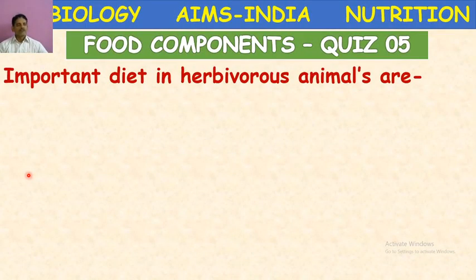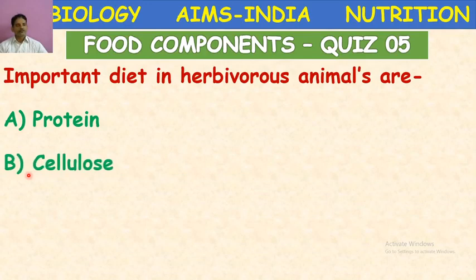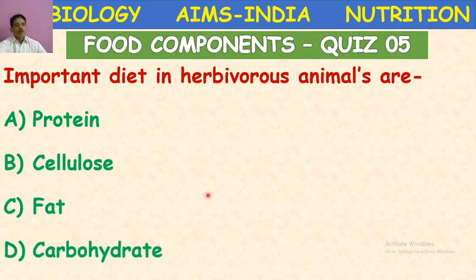Next question. The important diet in herbivorous animals is proteins, cellulose, fat, carbohydrate. What is the main ingredient of herbivorous animals' food? Direct answer? Yes, cellulose.